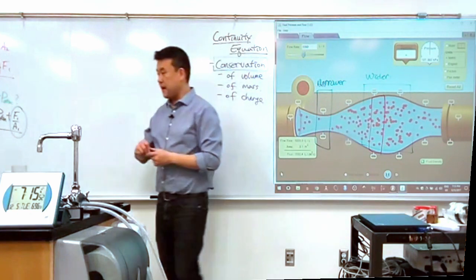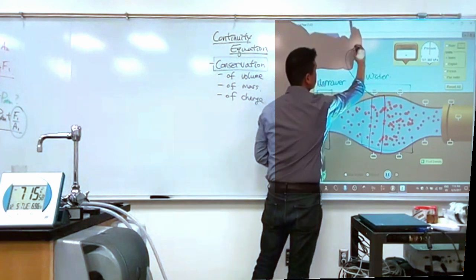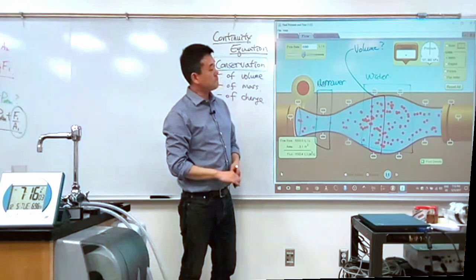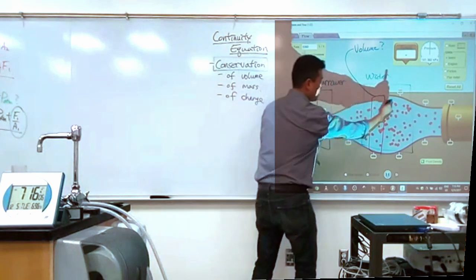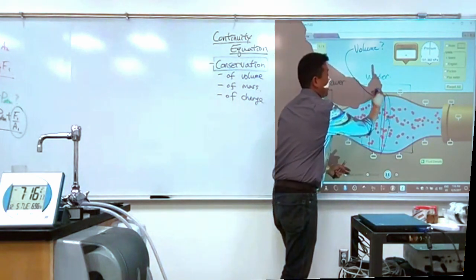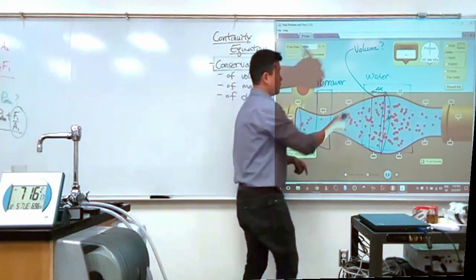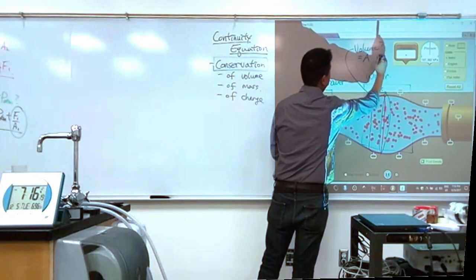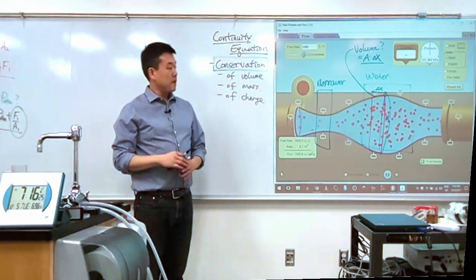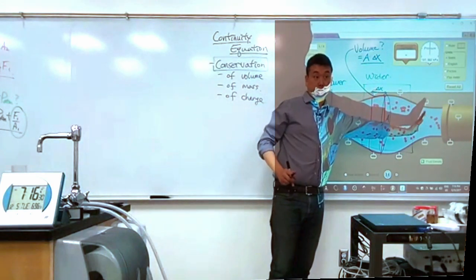Good? So when I'm looking at this, there are two quantities for me to worry about. Here, what is the amount of volume? Well, I would take the area and multiply by this distance, delta x. That would be my volume, right? Okay, so let me express the volume that way: area times delta x. And then it's a question of in how much time is this whole volume going to cross over?